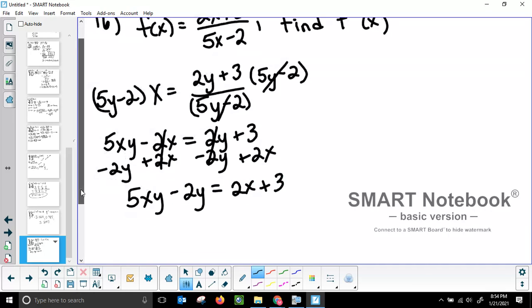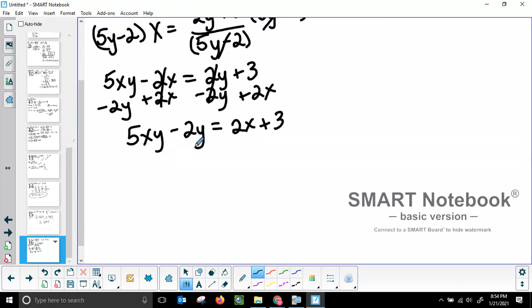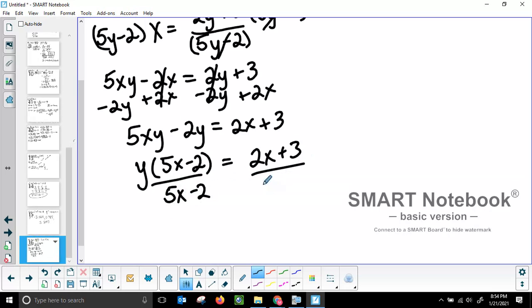Then here we factor out the y, and we're left with y times 5x minus 2 equals 2x plus 3. And I simply divide both sides by 5x minus 2.